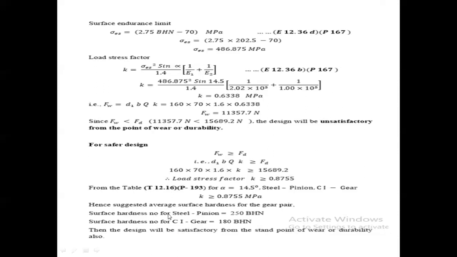The suggested material for the pinion should have a Brinell hardness number of 250, and the cast iron gear material 180. Once the materials have these Brinell hardness numbers, the design will be satisfactory from the point of view of wear as well as durability. That is how you conclude the diameter known problem.